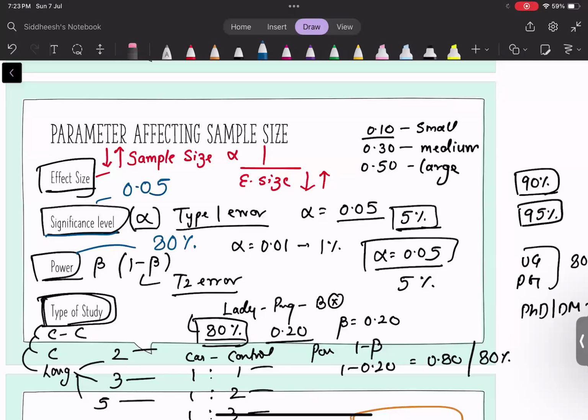Cross-sectional study or case control study, longitudinal study. Done, Aditi? Done, everyone? Do you have any doubts or any questions? Like, I'm happy to help. No?